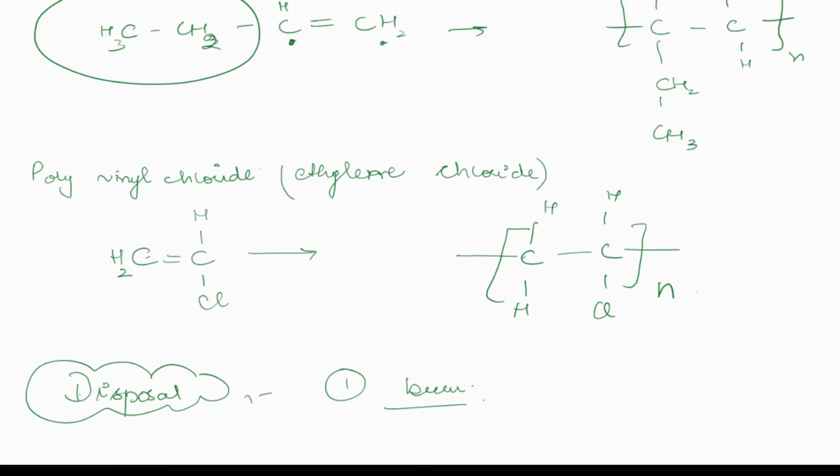What would be that bad effect? We discussed in the very start that the combustion of organic compounds always leads to the production of carbon dioxide and water. So carbon dioxide is going to increase the temperature of the earth, right? It would contribute to the greenhouse gases and would result in global warming.